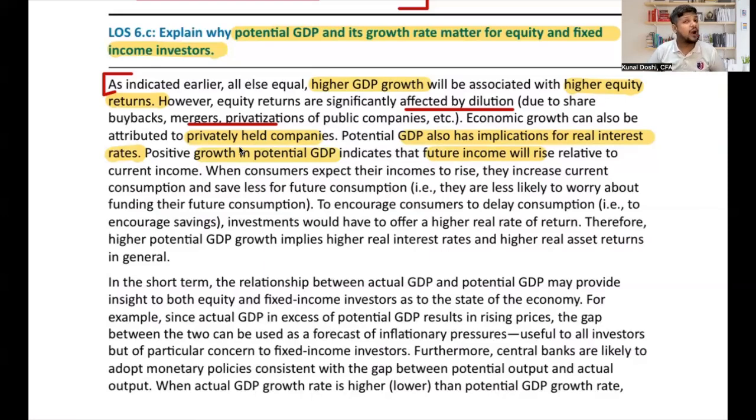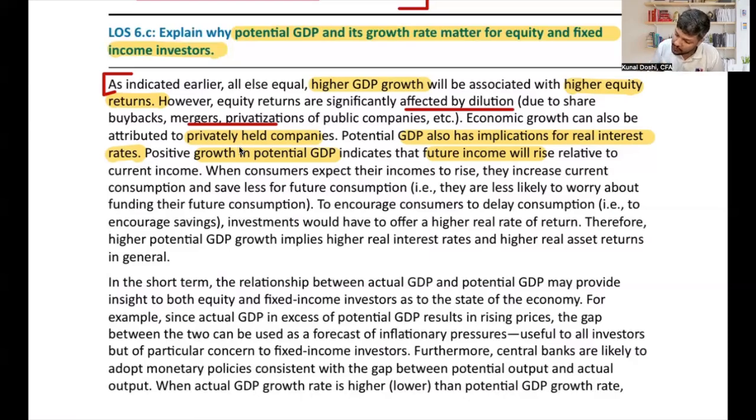Well, that will lead to high future income. So your current income might be fixed, but the future income will be high. So whenever the future income is high, tell me one thing: will you spend more or save more? If you are expected to have a huge increase in your salary, won't you start spending more already?